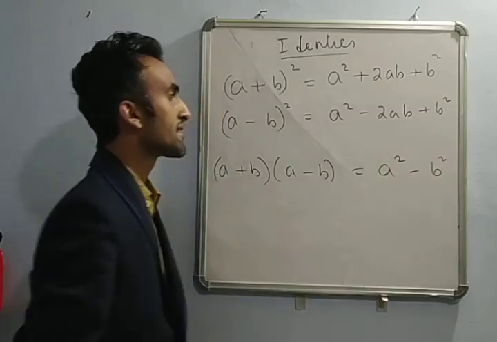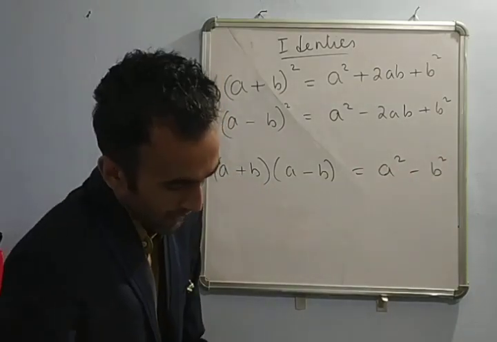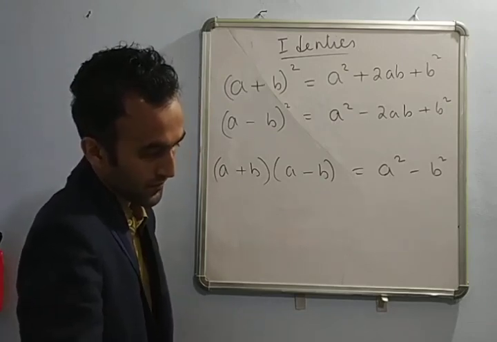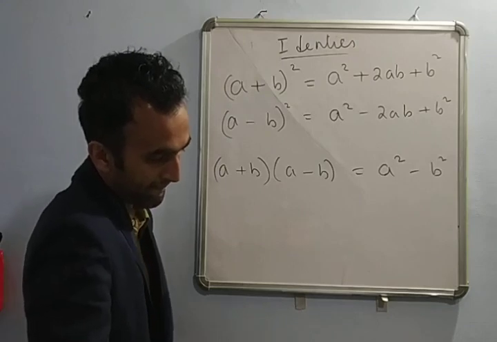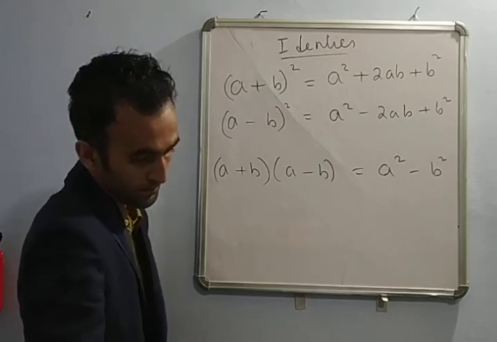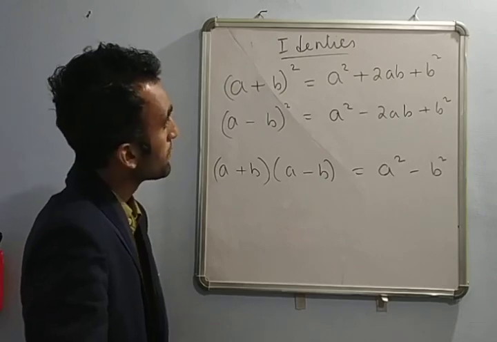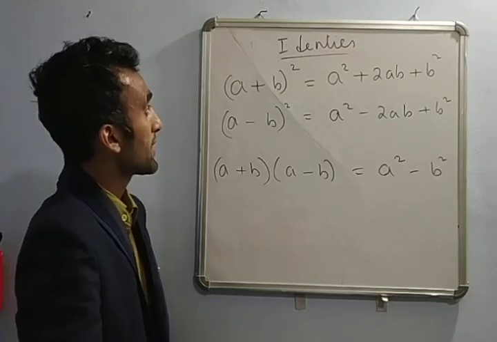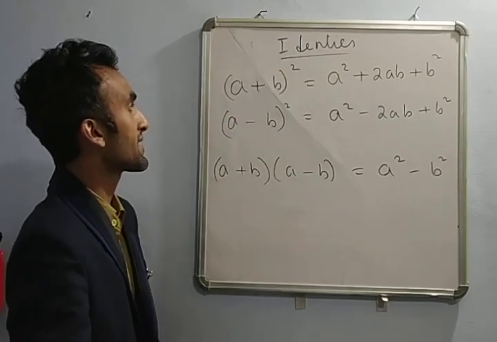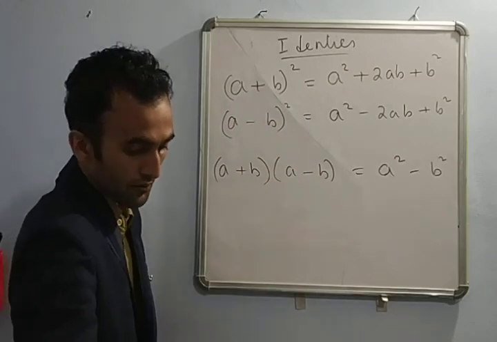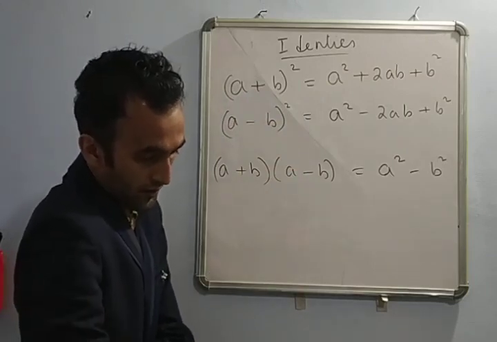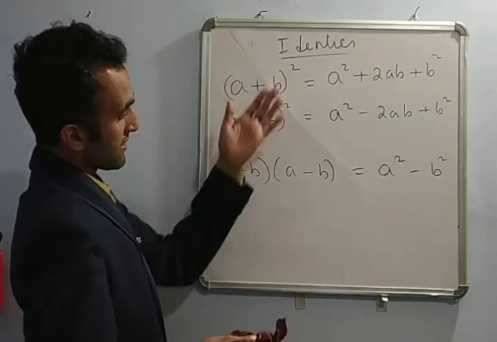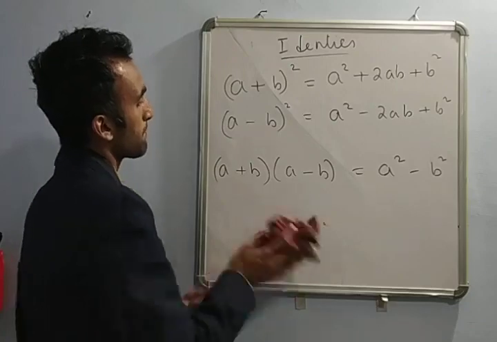You may need these identities in future, so I am giving them beforehand. This is how we can check whether something is rational or irrational. You have to remember these identities, because in the exercise I'll be using them. They are very familiar for you. You have already done them in class 8, so this is just a quick revision. Whatever is required I'll give you again.